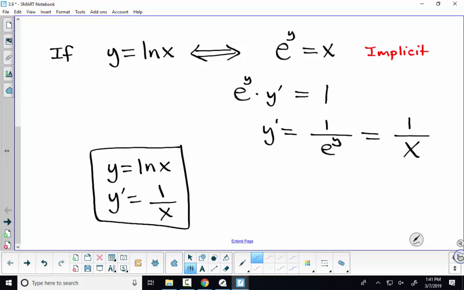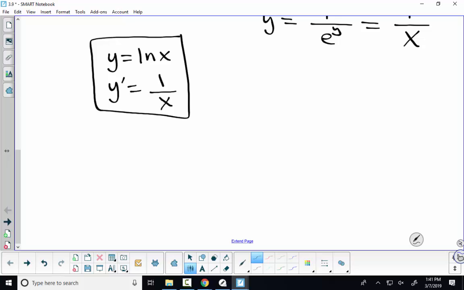Now, of course, we're not going to see functions just as simple as ln of x, right? We're not just going to be taking the derivative of the natural log of x over and over again. We're going to think about x in terms of the chain rule, where that's actually a function of x.